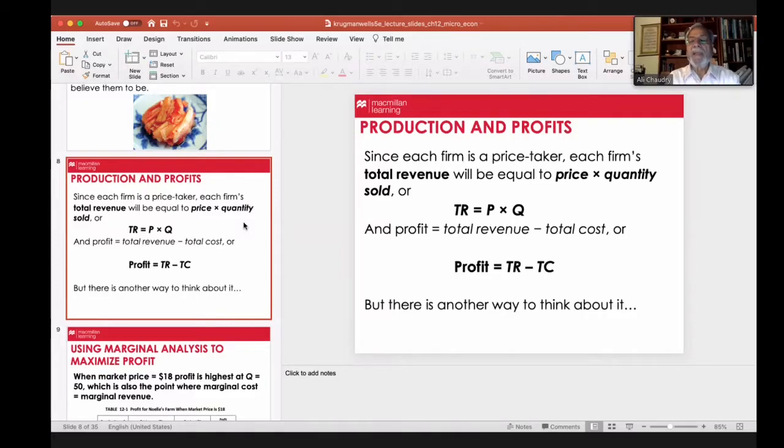Good point. Next one. What's the second characteristic? Anyone? The industry must produce a standardized product.